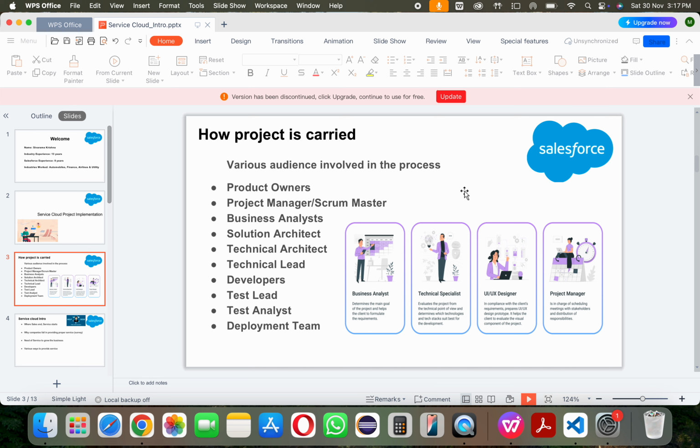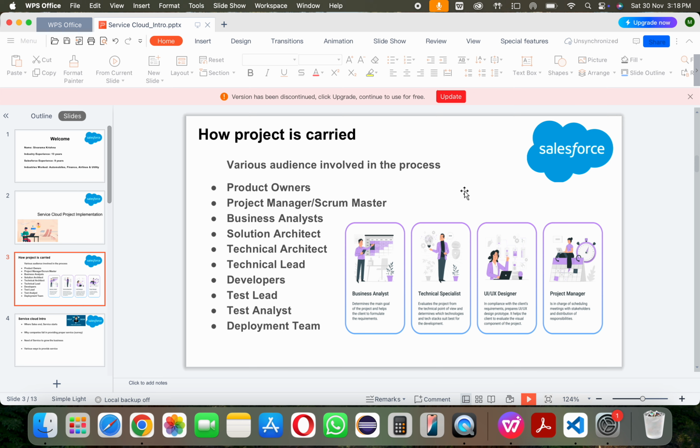Let us understand. Whenever I'm selling the product, the next step is, once the product is sold, there are people who want the service from you. So they want a service system which they want to design. They don't know how to design it, so they come to us.